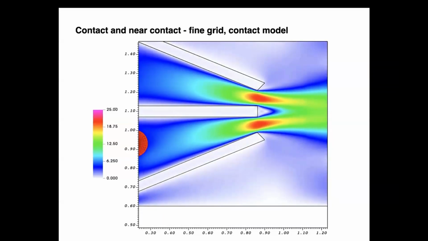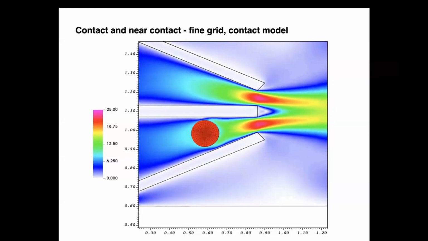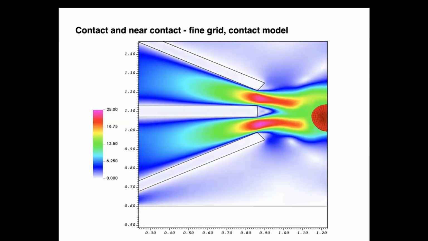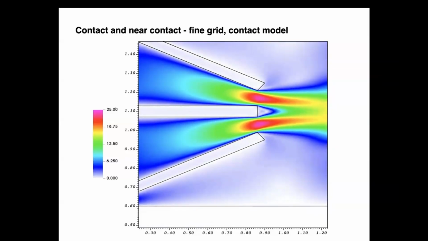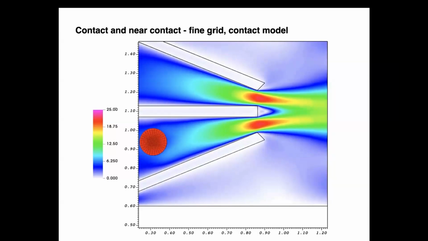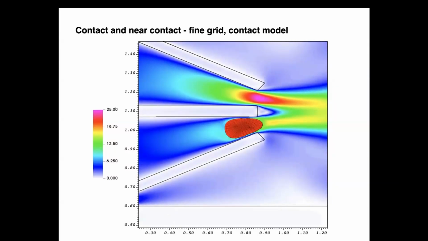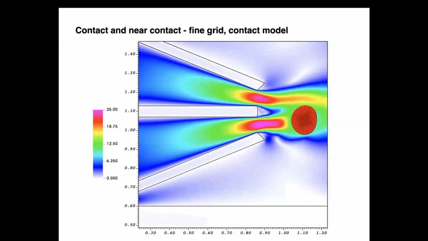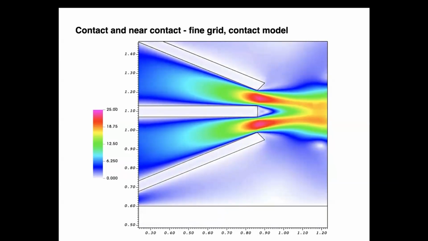What we can do to avoid this without being very fancy is add in a little contact model that gives you repulsive forces once the structure gets within less than a grid cell of another boundary. Here in slow motion, we can see that indeed we can keep the thing from interpenetrating if we add in a contact model.